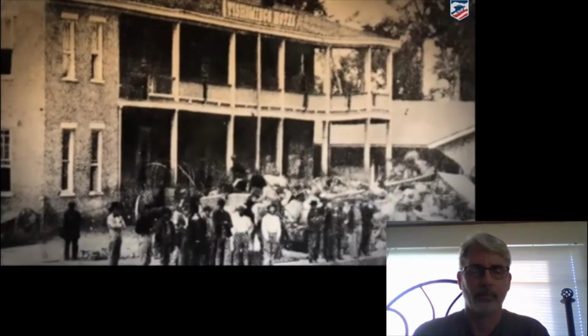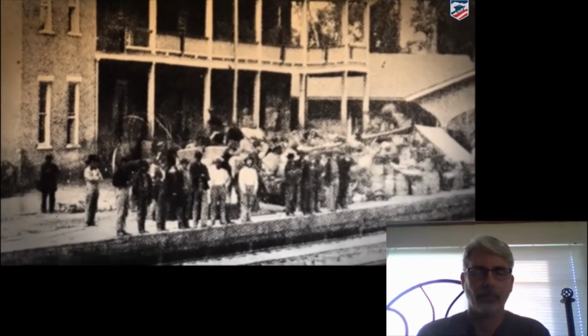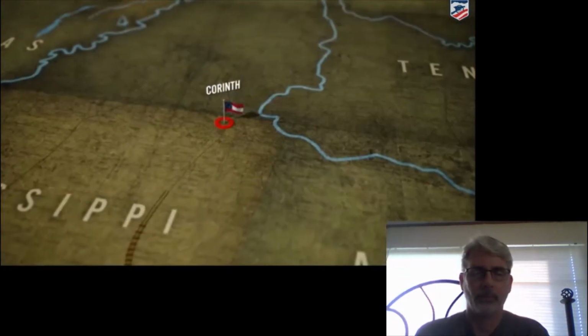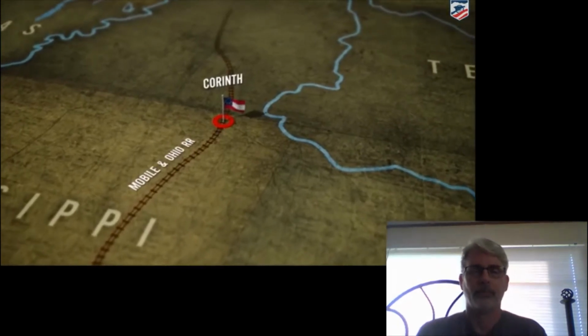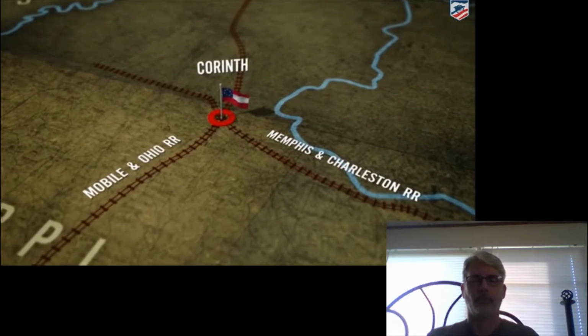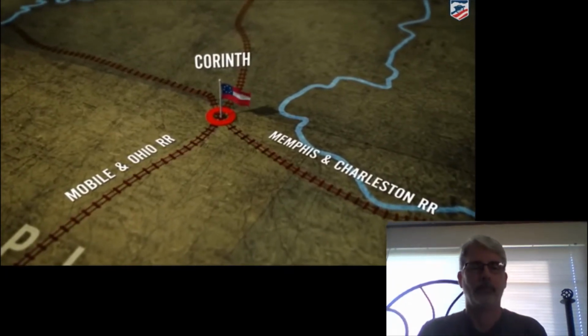In this day, rivers and rails are the key means to move men and supplies quickly, and Corinth, Mississippi is a crucial southern rail link. It straddles the Mobile and Ohio Railroad and sat on the only line connecting the Atlantic and the Mississippi.